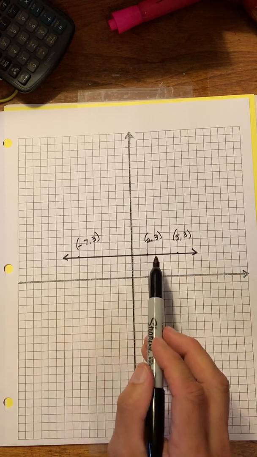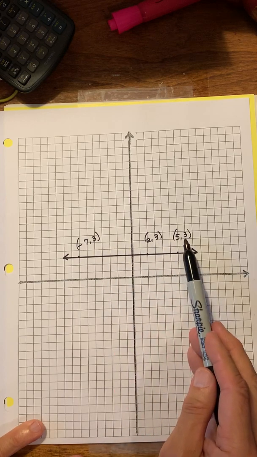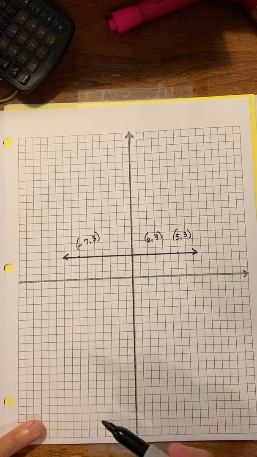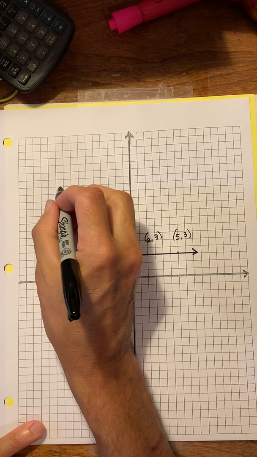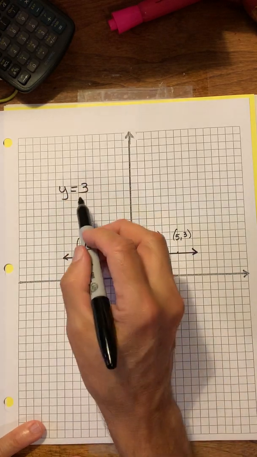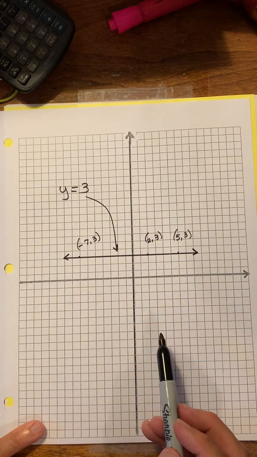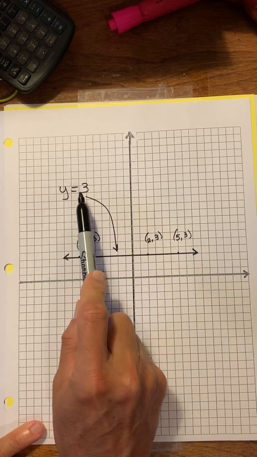Do you notice anything about these? Every single y is 3. Guess what the equation for this line is? It's y equals 3. Oh my goodness, that's the equation of this line because every single point on this line has a y that is 3.